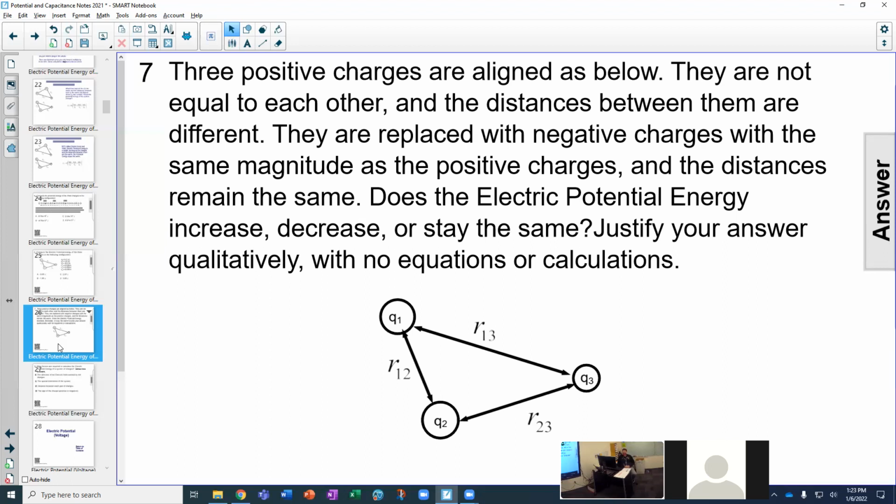And you could even take it a step further from the math to say, if you have all positive charges, what are they going to do? Repel. And if you have all negative charges, what are they going to do? Repel. And if their values don't change, they're all repelling to the same magnitude, right? So you could think about it mathematically that they do cancel, but they're also wanting you to recognize that concept.